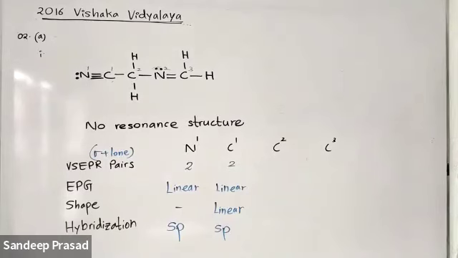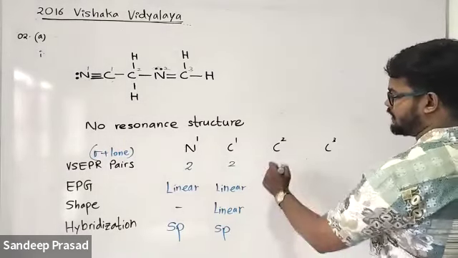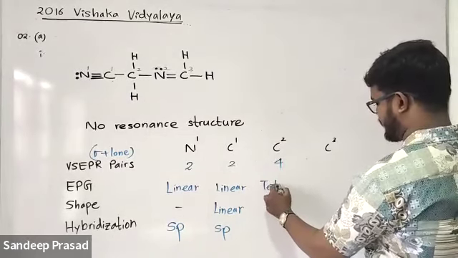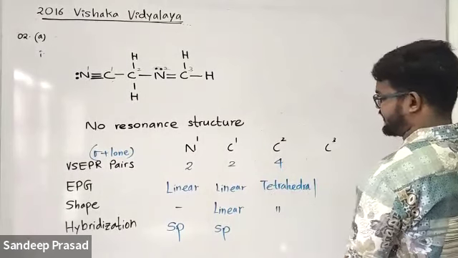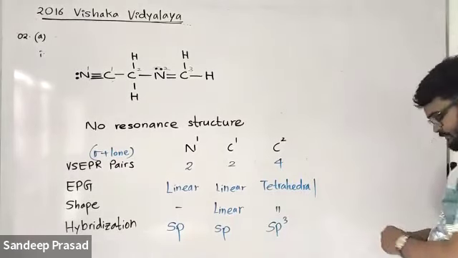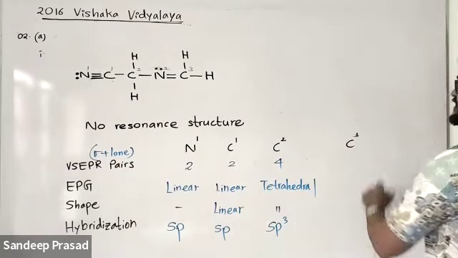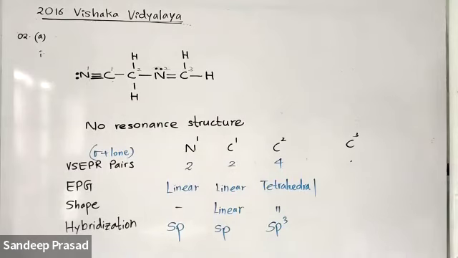Easy. Second carbon atom, the middle one. VSEPR pairs are four. Electron pair geometry is tetrahedral. Shape is also tetrahedral, and the hybridization is sp3. Then let's move to the third carbon atom. How many VSEPR pairs are there? 1, 2, 3.